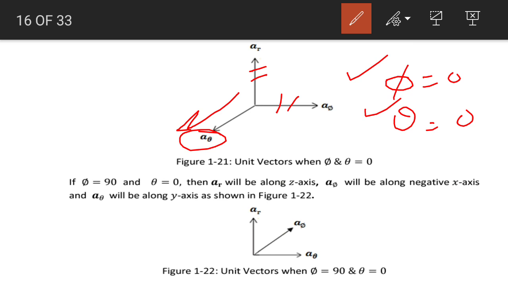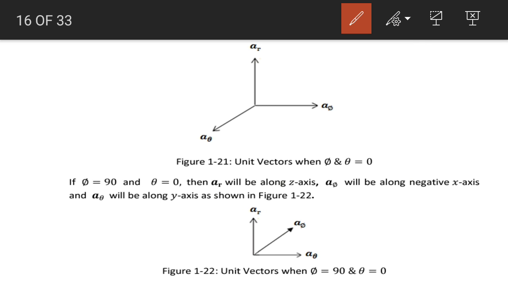Okay, let us consider another example. If phi is 90 degrees, we know that the unit vector a_phi is in the z = 0 plane, and it makes an angle of 90 plus phi with respect to the x-axis.